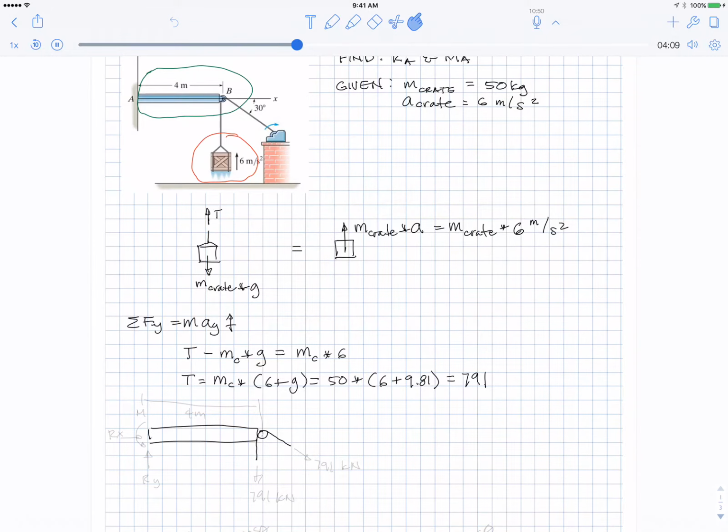Okay, then we'll put in the things we cut through. So we cut through the rope here, a tension of 791 newtons. We cut through the rope here, a tension of 791 newtons, and we cut through the wall, and in the wall there's a vertical reaction, a horizontal reaction, and a moment reaction.